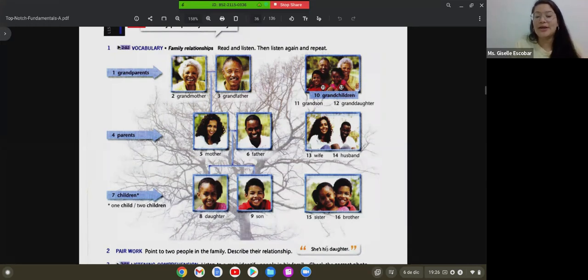His daughter, his. Si hablamos, por ejemplo, de number 15 and number 16. She is his sister. Exactly. She is his sister. O puede ser al revés, ¿verdad?